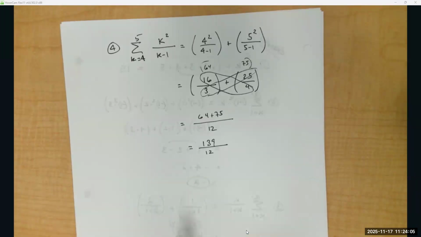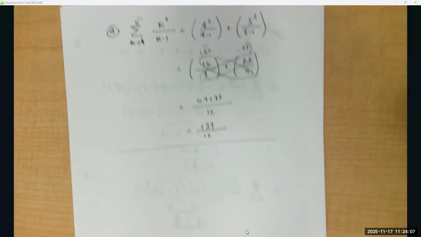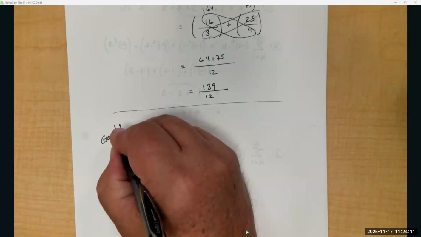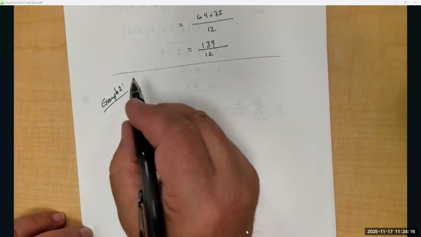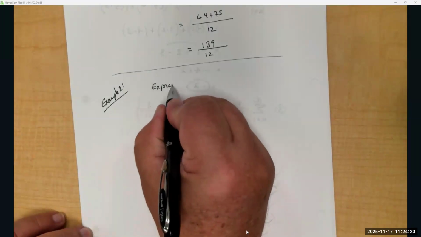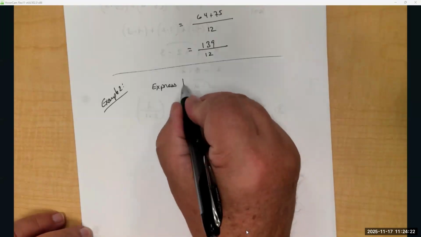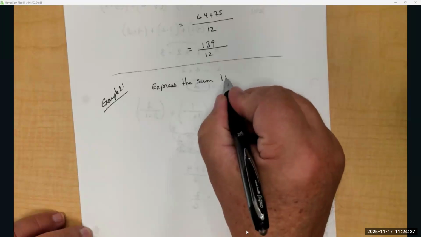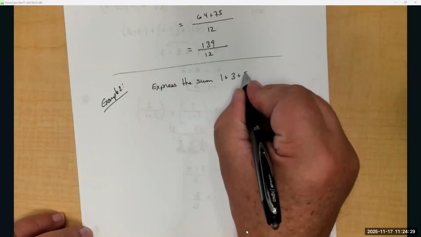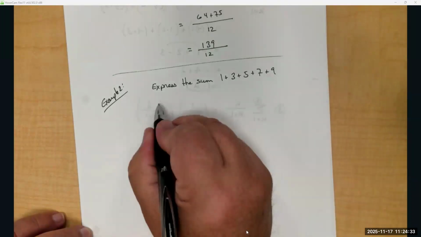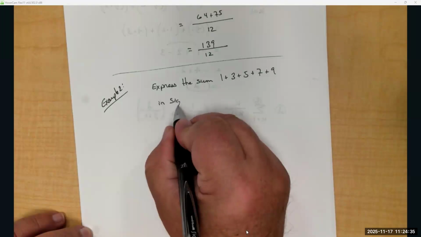Now we get to work backwards. Example 2 says express the sum of 1 plus 3 plus 5 plus 7 plus 9 in sigma notation.